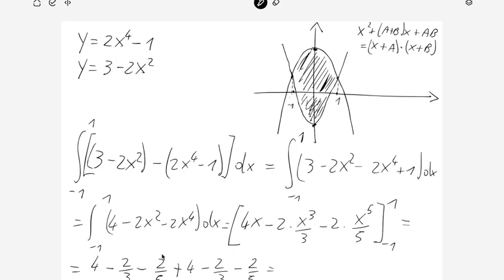So you have 8 minus 4 over 3 minus 4 over 5. If you want, you can compute. So this is 15, and you have here 15 times 8 is 120 minus 20 minus 12. Okay, so this is 88, I think. 88 over 15. Okay.